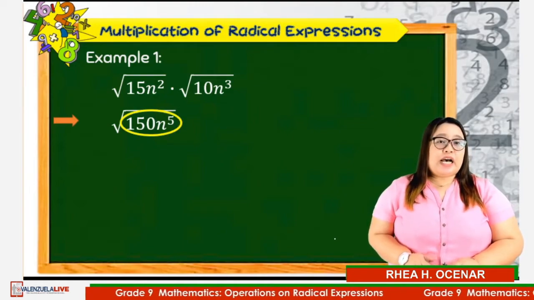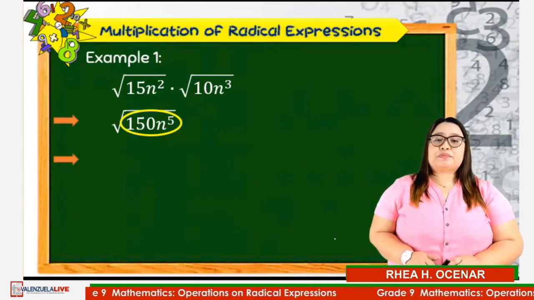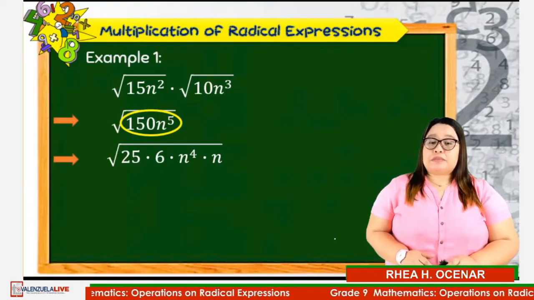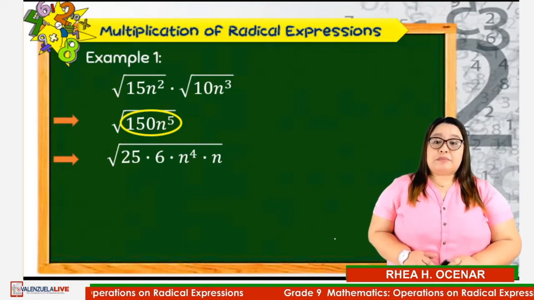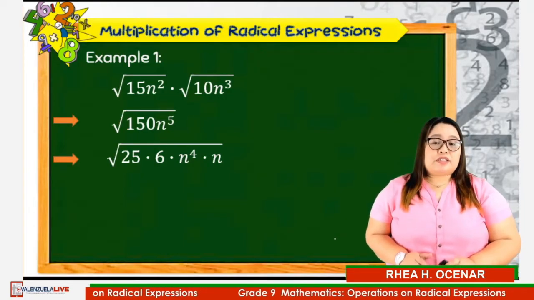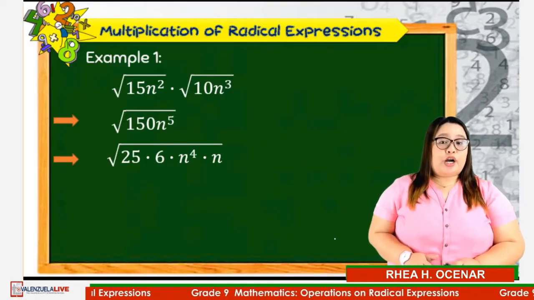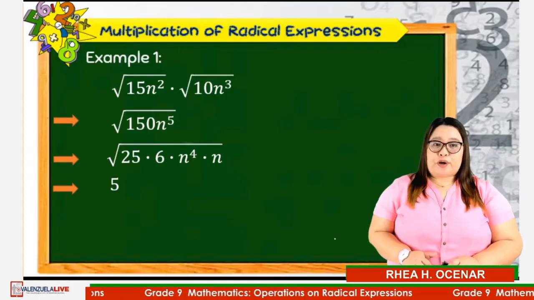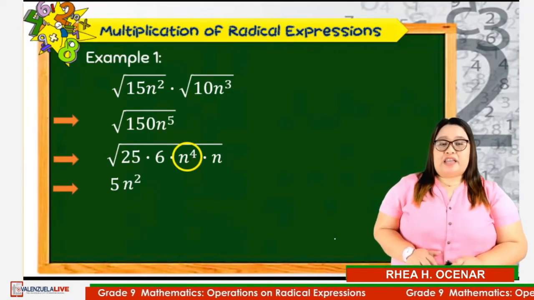Factor out 150 n raised to 5, we have square root of 25 times 6 times n raised to 4 times n. Extract the roots of the perfect square factors, which are 25 and n raised to 4. We have 5n squared.